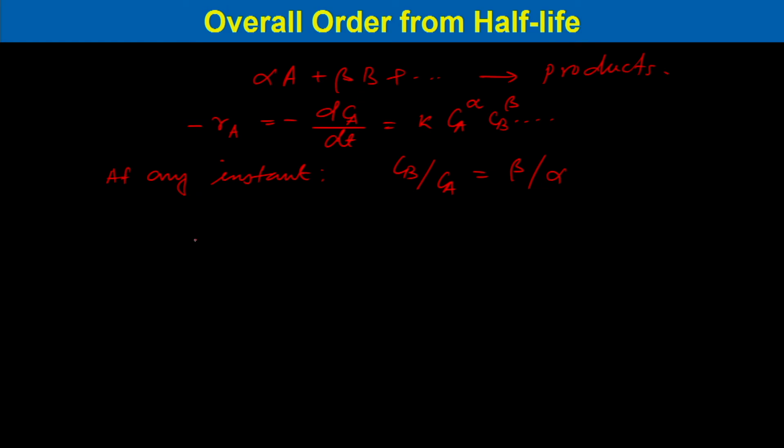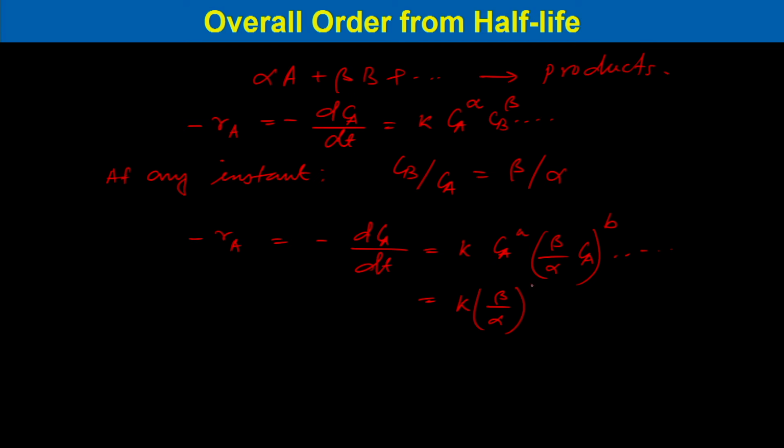So, we can write minus r_A is equal to minus dC_A/dt, which is equal to k into C_A to the power a into beta by alpha into C_A to the power b and so on, which we can write as k into beta by alpha to the power b and so on, into C_A to the power a plus b and so on.